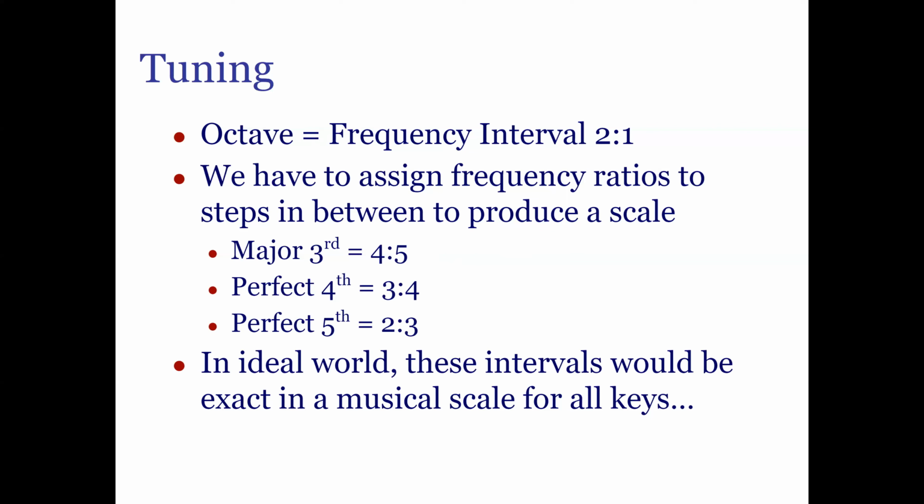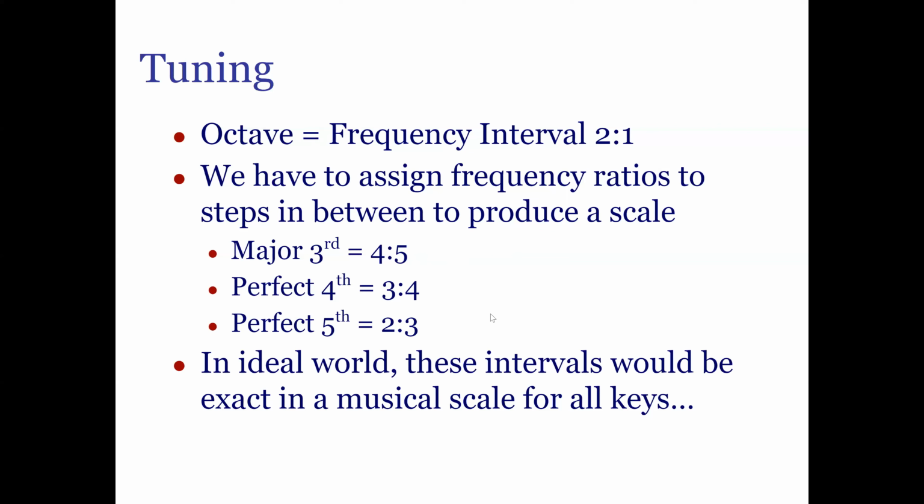If you go down, you're multiplying by 0.75. And perfect fifths are 1.5 if you're going up, and if you're going down, you're multiplying by 0.6 repeating, 2/3 basically. This would be 4/5, 3/4, 2/3, or 5/4, 4/3, 3/2 if you want to display it as fractions.